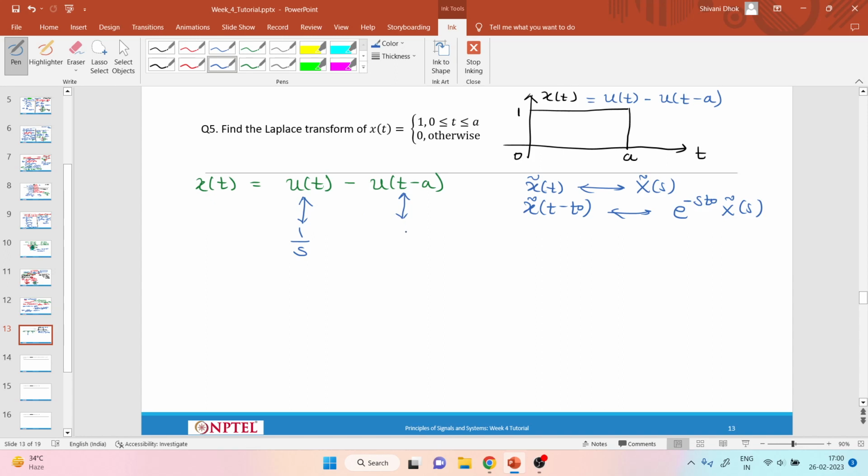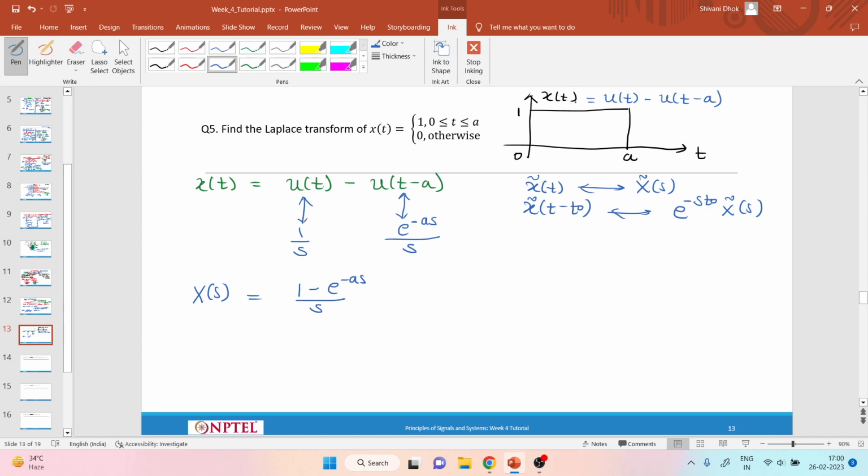So this is simply shifted by a factor a, so I'll get a factor of e power minus as upon s. Therefore the Laplace transform of this will be equal to 1 minus e power minus as by s. So this is the Laplace transform for x of t that we are getting.